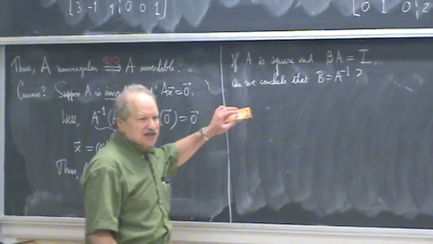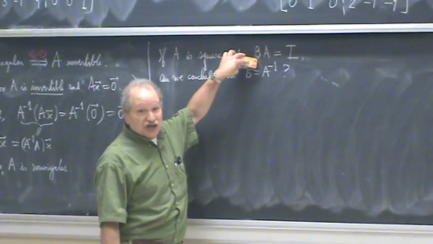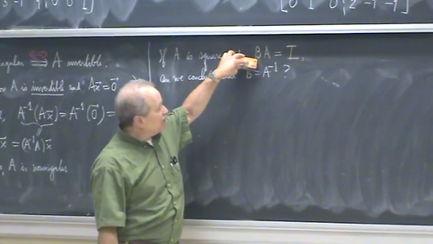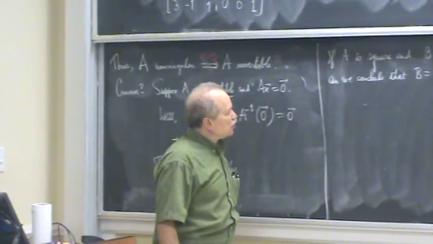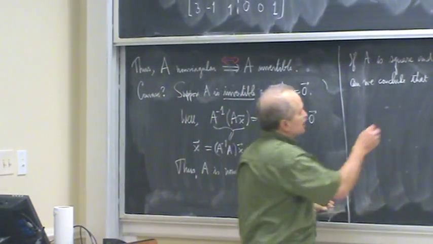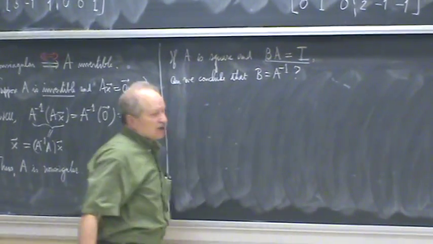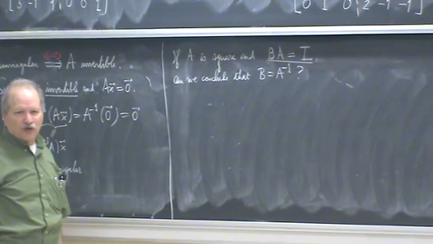So do you understand what I'm asking here? I'm saying you only have half the definition of inverse, which is sort of where we were earlier. Can you conclude from this condition that A has to be non-singular and therefore invertible?